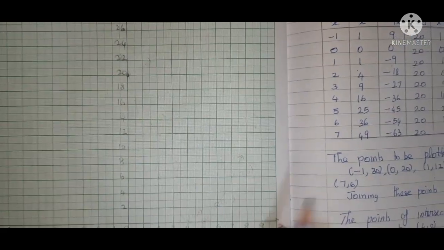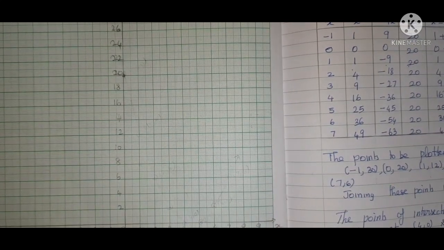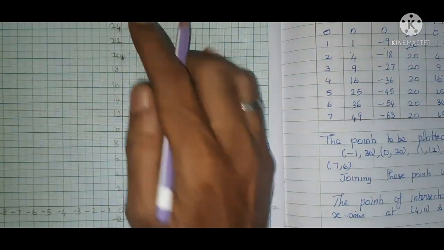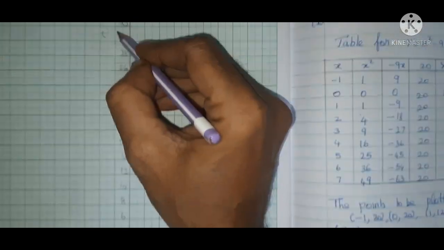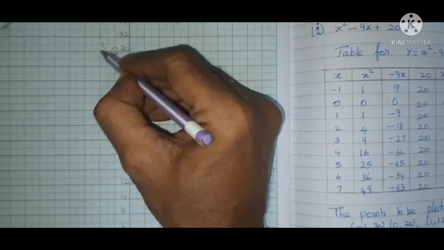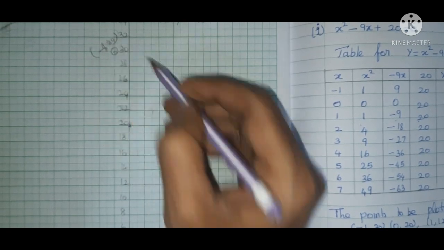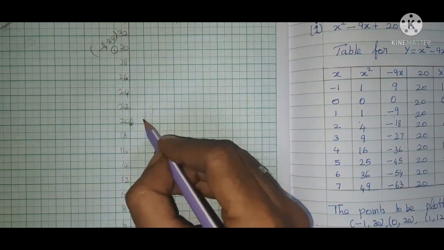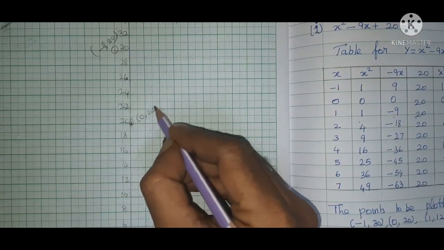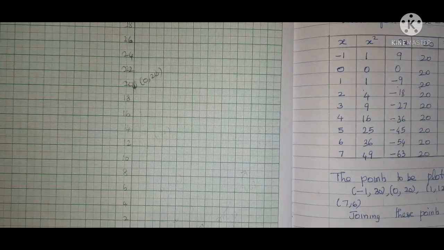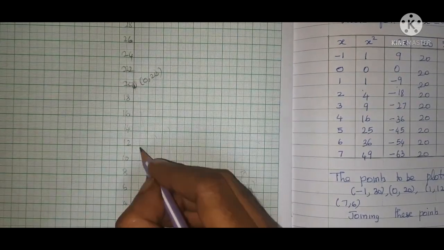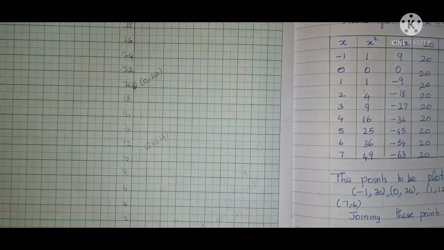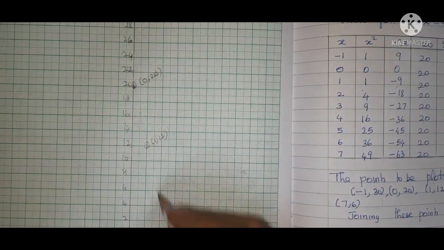The points to be plotted. The first point is minus 1, 30. The second point is 0, 20. The third point is 1, 12. The fourth point 2, 6.